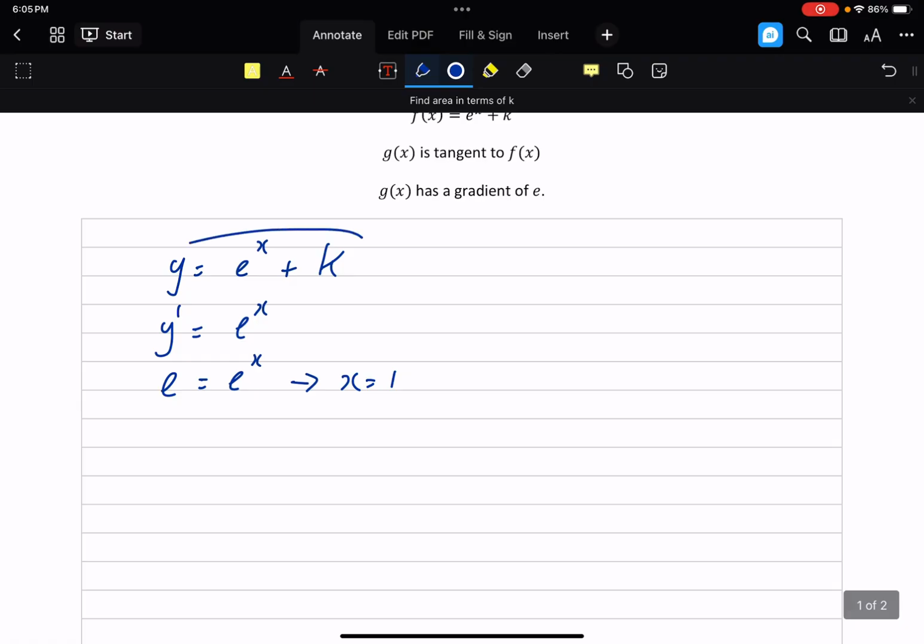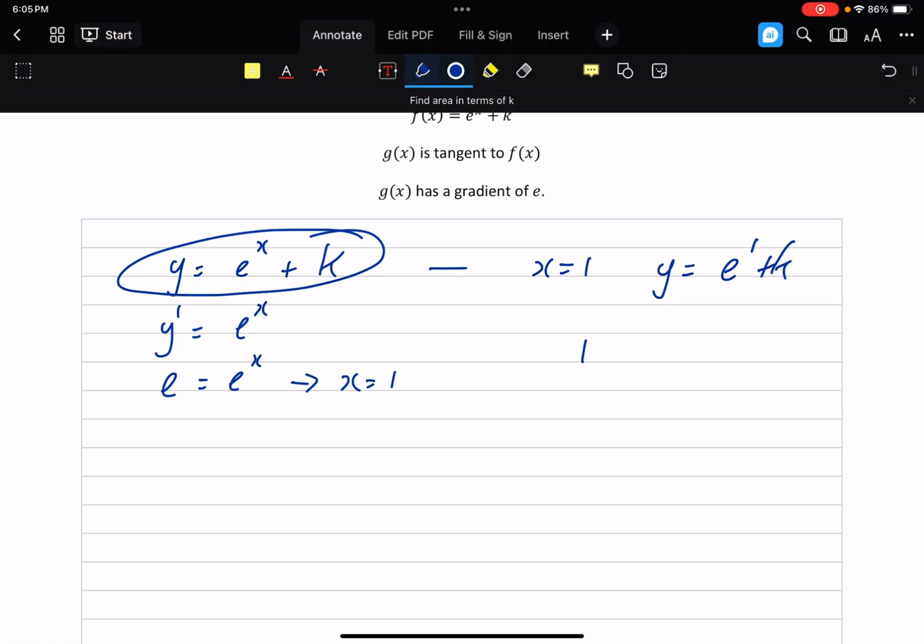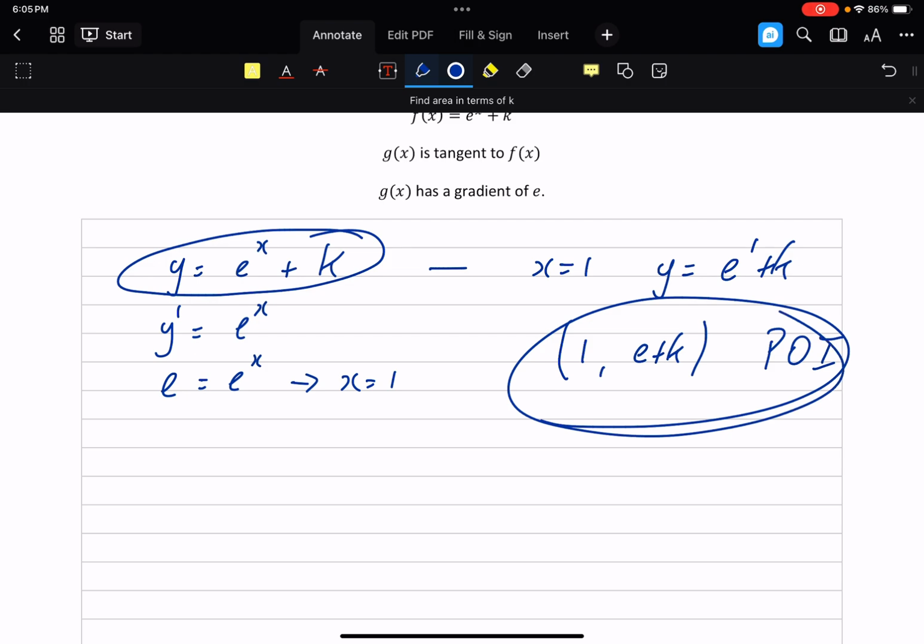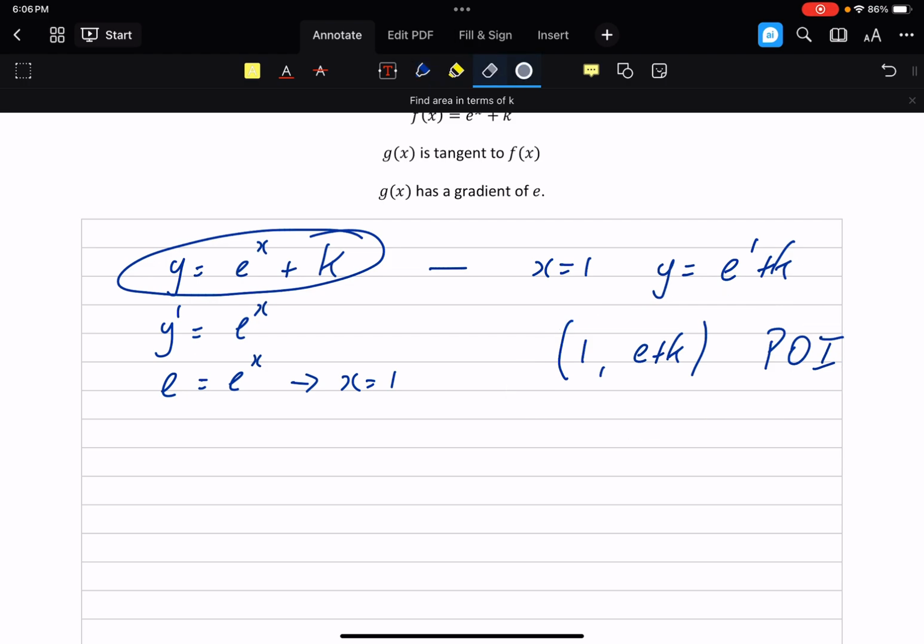So we're going back to our exponential and going, when x equals 1, y will equal e to the 1 plus k. So there's a point on the exponential, that's 1, e plus k, and that's the point where the tangent touches, so it's a point of intersection. This point is on the tangent.